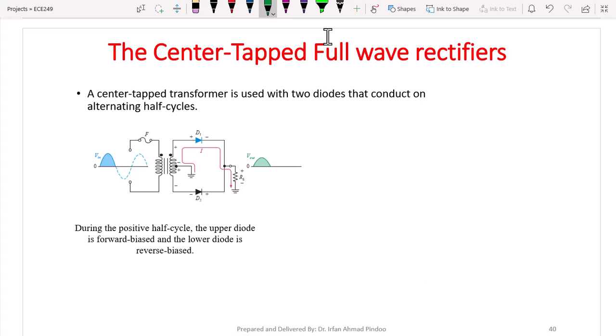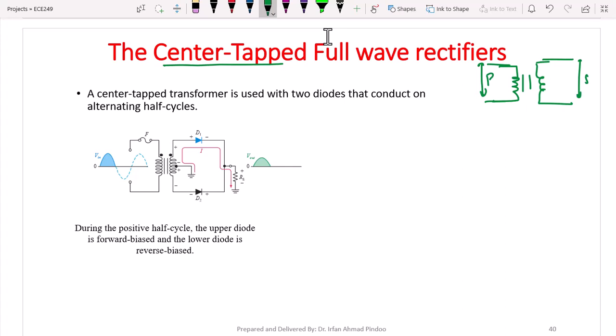Center tapped full wave rectifier means we are using a transformer with center tapping. If we talk about a normal transformer, we have two conductors on the primary side and two conductors on the secondary side. These are called the primary coil and the secondary coil.